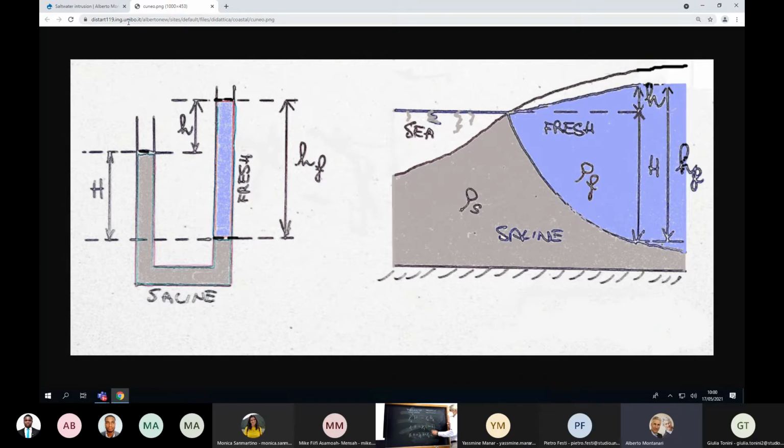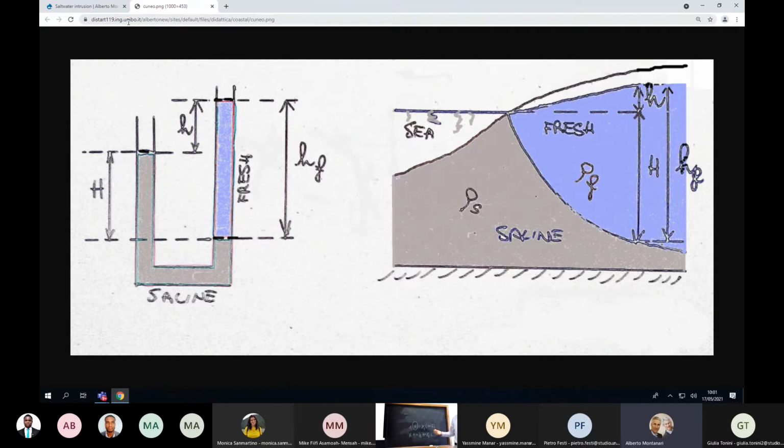Now let me write at the top of the blackboard. Look, what is the variable I'm interested in here? The variable I'm interested in is capital H. And you may ask why? Because look now on the screen at the right picture.